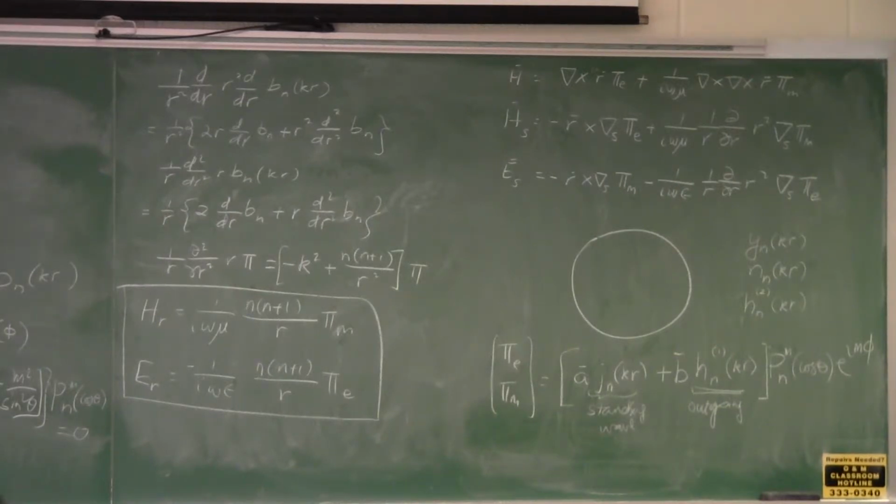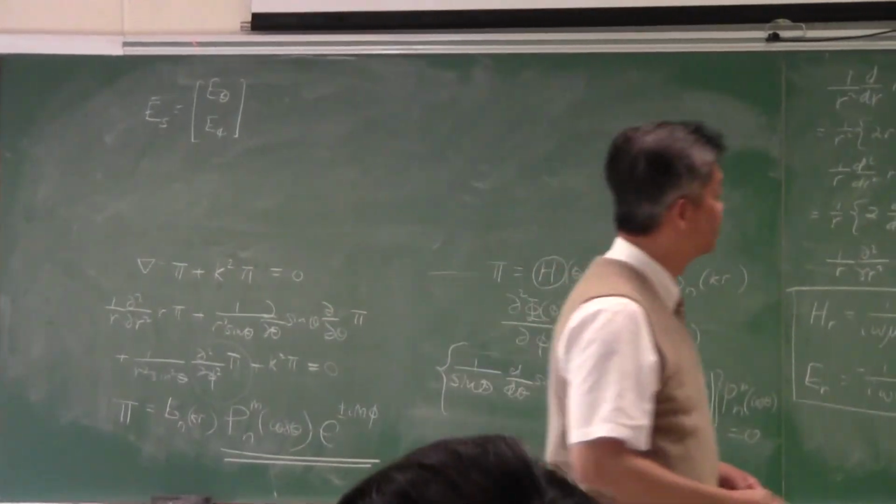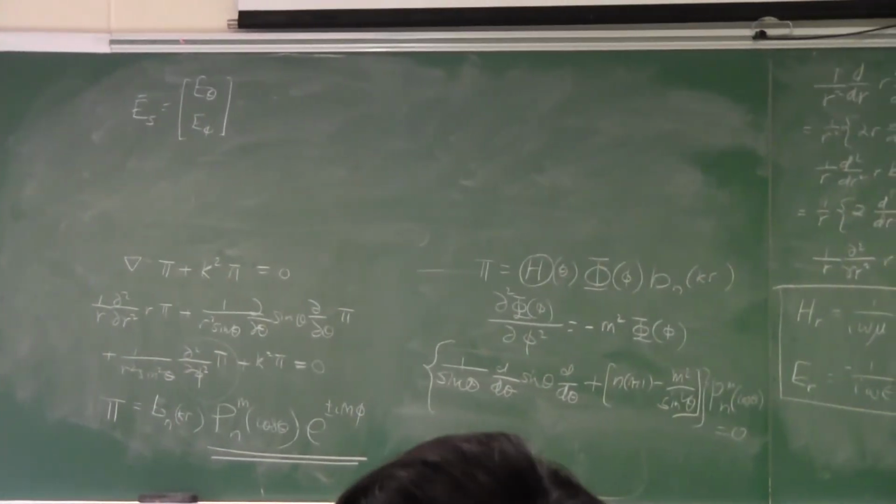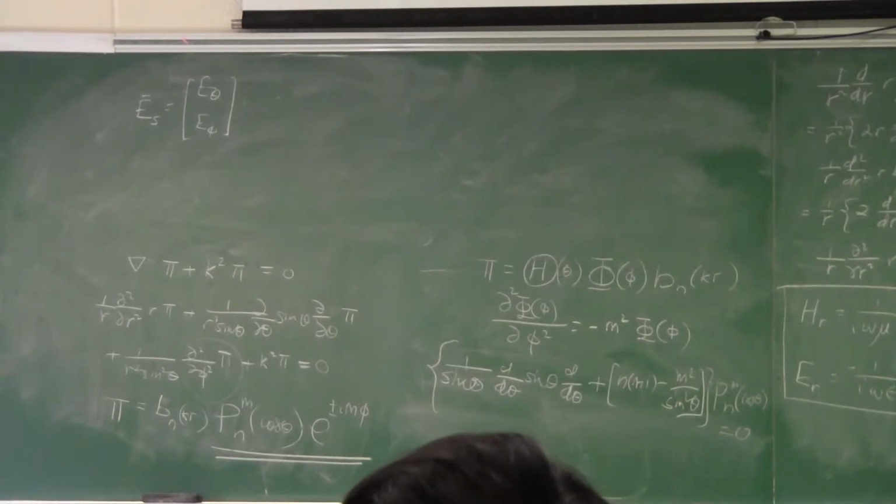Okay, so you need the E theta and E phi field as well. If I look at the E_s, which is actually E theta and E phi, you can obtain them from that equation that I have just written down and not derived.